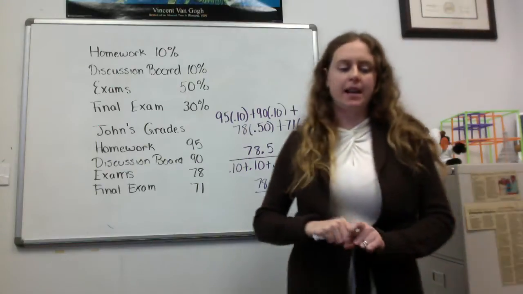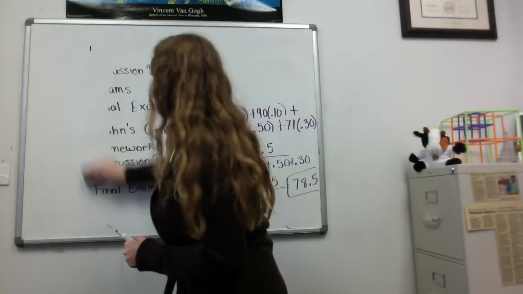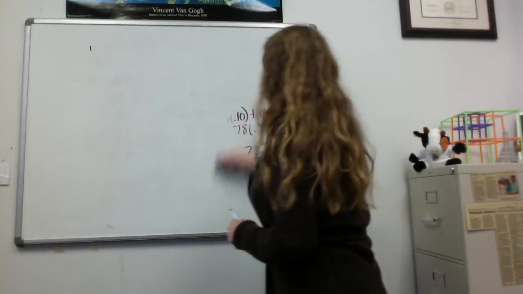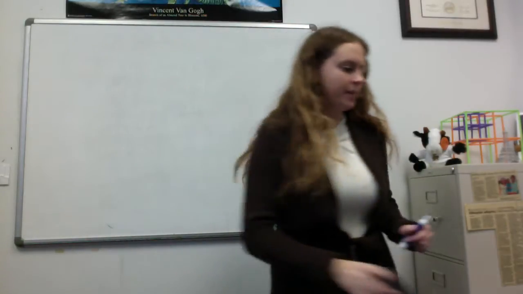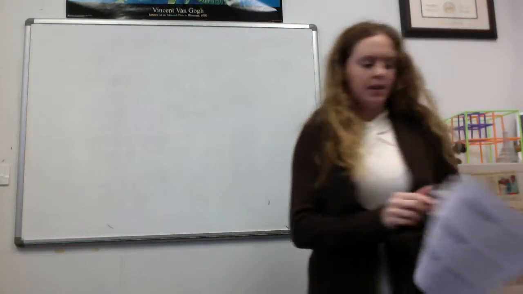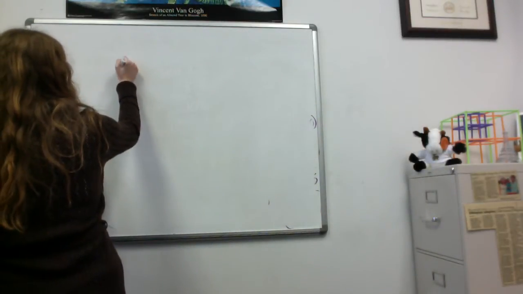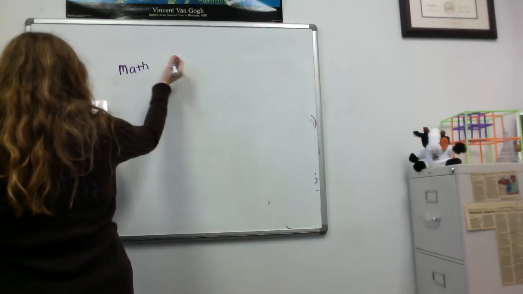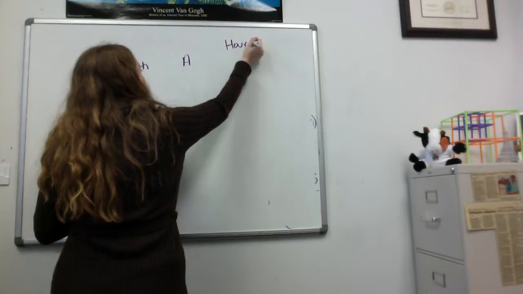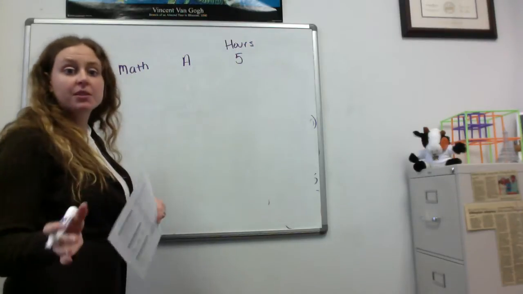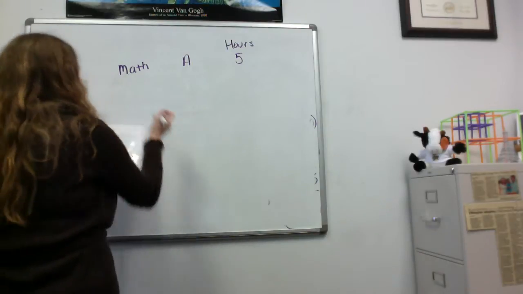Now let me do a different setup of a weighted mean. So we can figure out our class grade. Another time that weighted means are used a lot is to calculate our GPA. Let's do an example of that. So let's say that a person made an A in math and they got 5 credit hours. Remember, some classes are worth 3 credit hours, some are worth 4. A lab might just be worth 1.